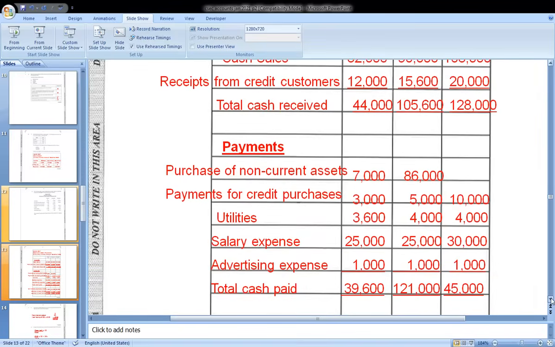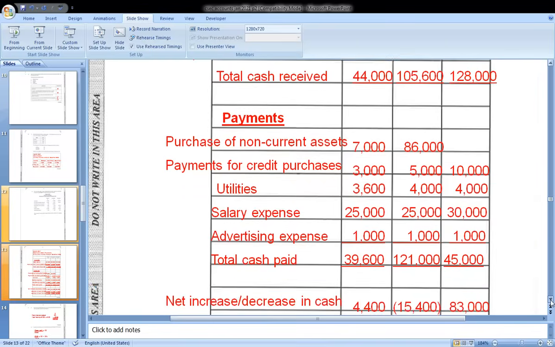And then our salary expense, we have 25,000 for October, 25,000 for November, 30,000 for December. And then our advertising expense, 1,000 each. So our total cash paid was 39,600, 121,000, 45,000 for payments.